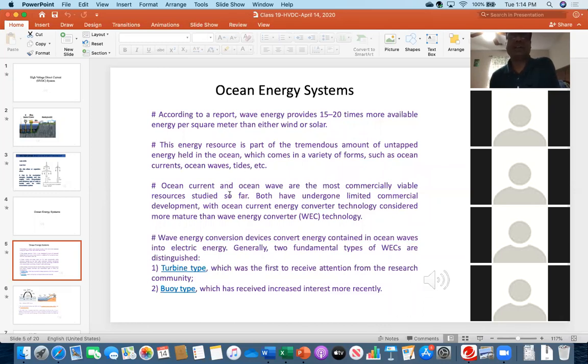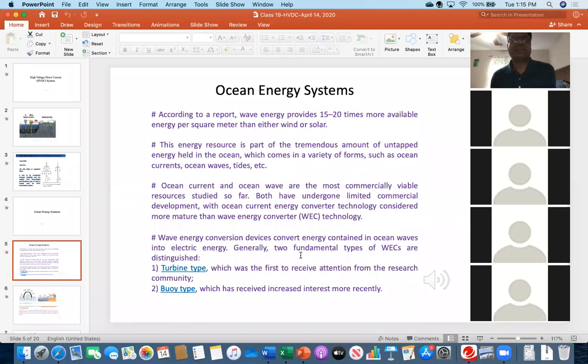Ocean current and ocean wave are the most commercially viable resources that have been studied or analyzed so far, and both have undergone limited commercial development. However, ocean current energy converter technology is considered to be more mature than the wave energy converter technology.